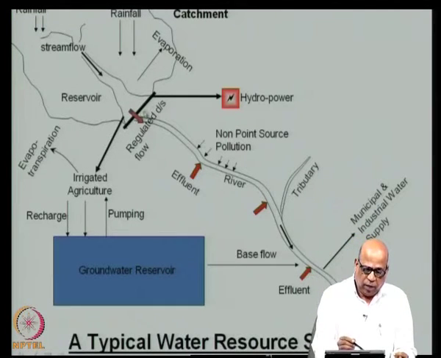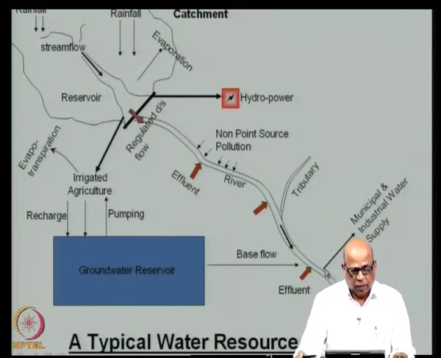We also have flows that are directly let into the downstream river. This is a regulated downstream flow from the reservoir. By opening the gates or through the spillway, it comes and joins the stream flow.